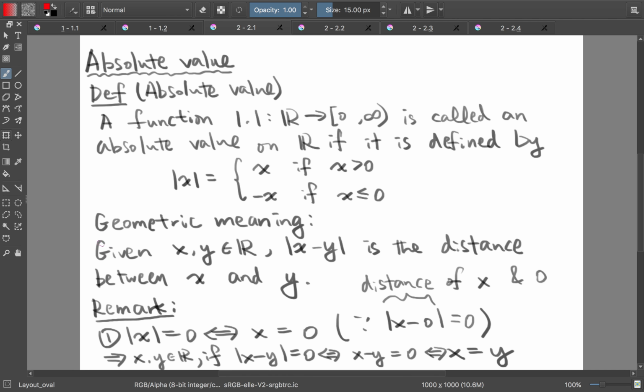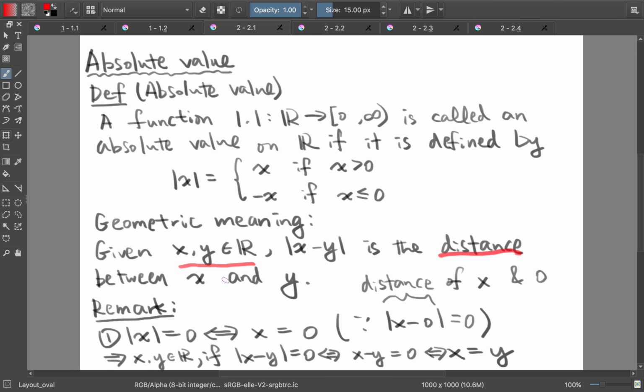So, what is the geometric meaning behind this definition? Well, if we are given two real numbers x and y, the absolute value of x minus y is the distance between x and y on the real line.